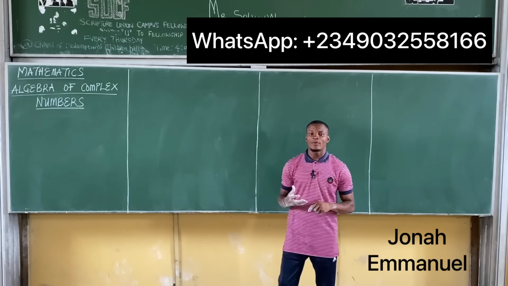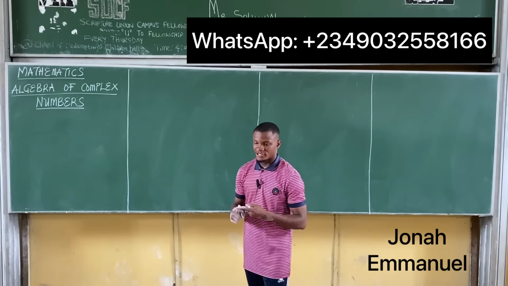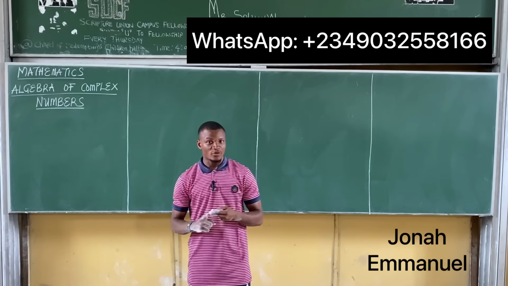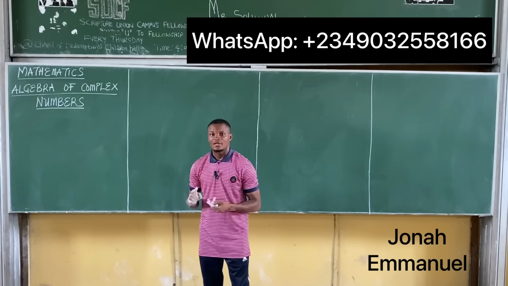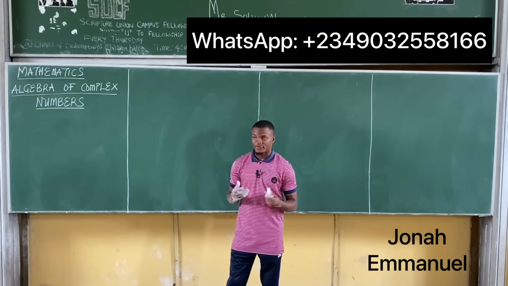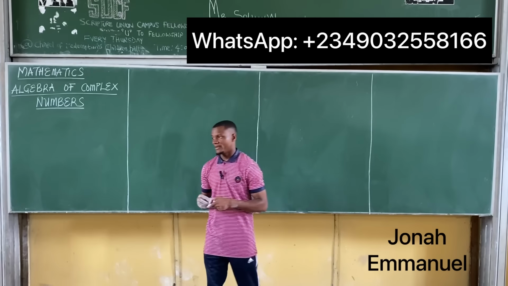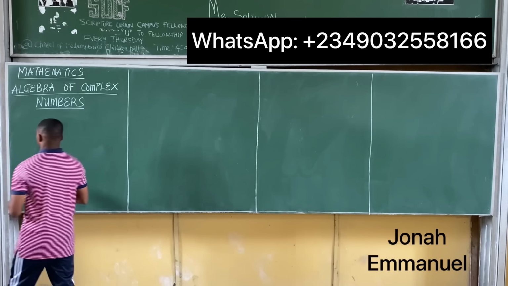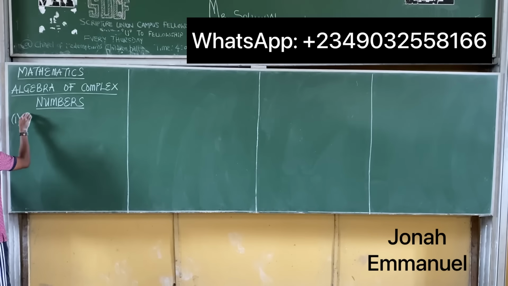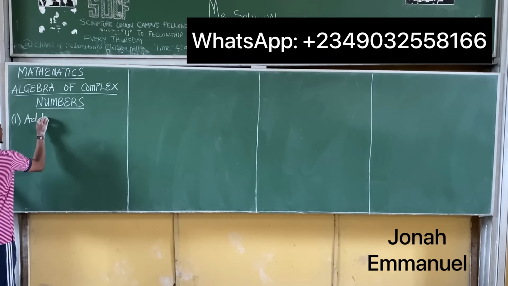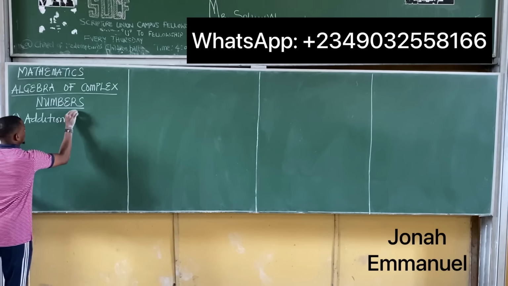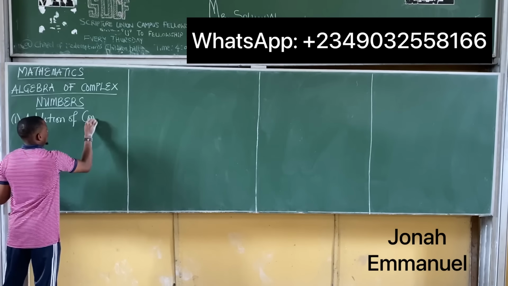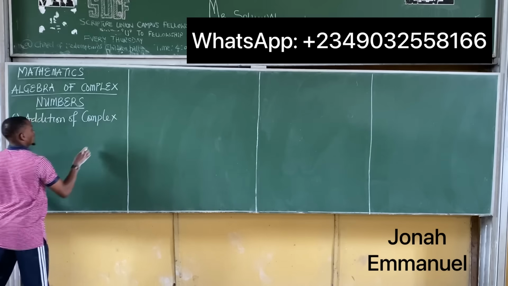For the algebra of complex numbers, we'll be considering the addition of complex numbers, the subtraction of complex numbers, the multiplication of complex numbers, and of course, the division of complex numbers. Let's start with the first one there. Let's start with addition of complex numbers.